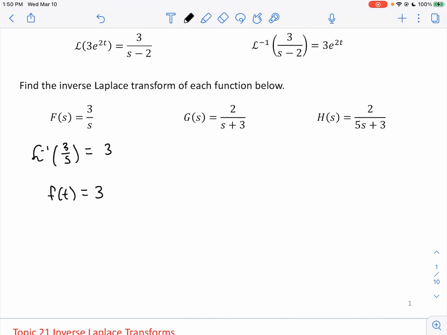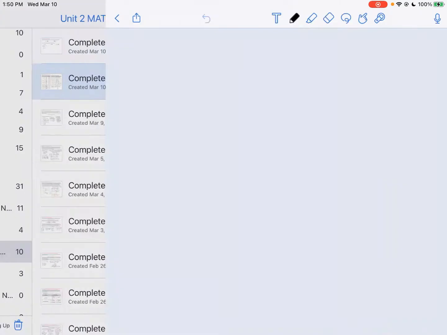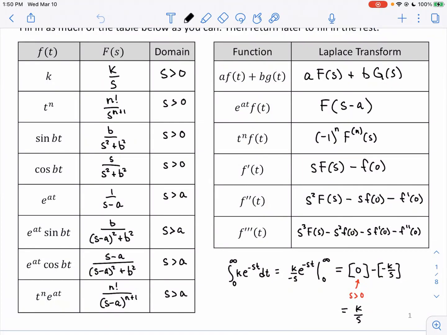In the next case, we have 2 over s plus 3. So going back to our table, anything of the form of a number over s plus or minus another number, I'm thinking this entry of the table is going to be useful. We just have to let a be a negative number so that this would be 1 over s plus something. And then, of course, if there's a number up top other than 1, that can just be a constant multiple of the function.